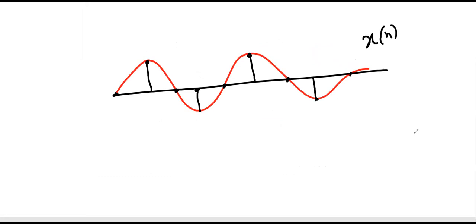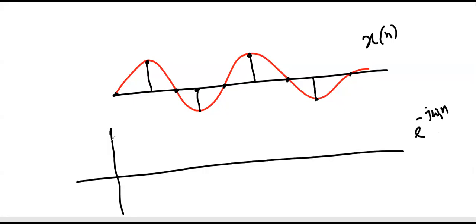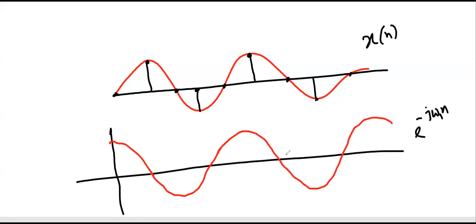And let's say e to the power minus j omega n, where omega is omega 1 for a particular frequency. What we have done for the cos part, that means for the real part, we took a cos signal and sampled it with the same sampling frequency, fs.